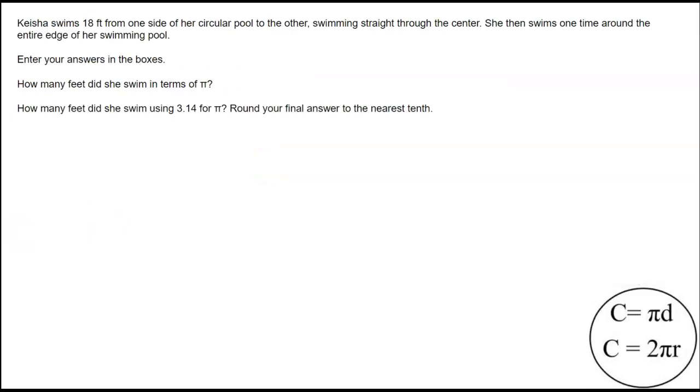Keisha swims 18 feet from one side of her circular pool to the other, swimming straight through the center. She swims one time around the entire edge of the swimming pool. Enter your answer in the box. Read this very carefully, because this is very important.